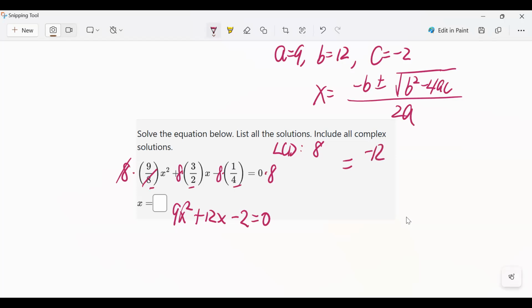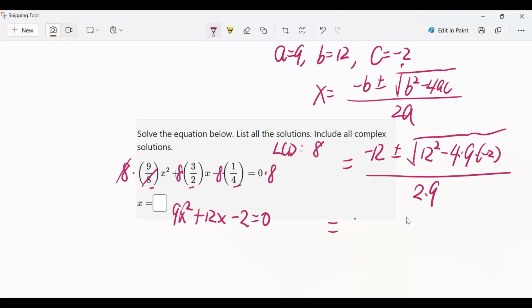It's minus 12 plus or minus radical, b squared, that's 12 squared, minus 4 times 9 times -2. It's -2 here. And then 2 times 9. We have -12 plus or minus radical 144 plus 72, over 18.